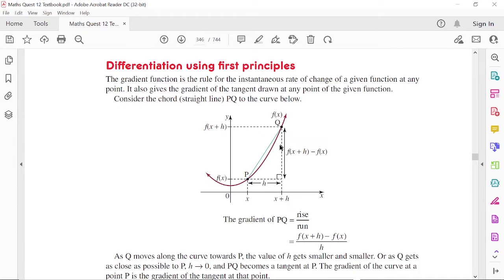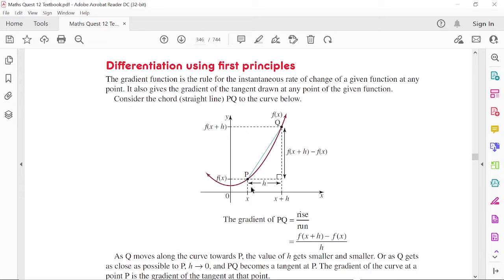The y coordinates then would be found by substituting those into the actual function. So if we've got f of x, then the y value of point P will be f of x, because we're just putting an x in place of x. But then the y value of point Q would be found by putting x plus h in place of the x in the function. And so that's why it's got f of x plus h.